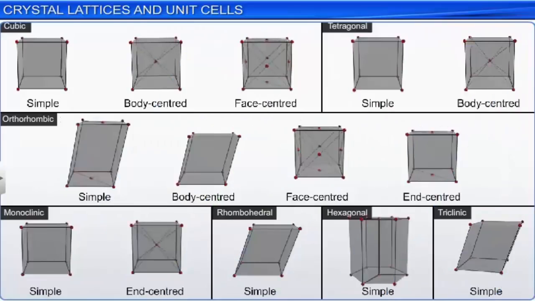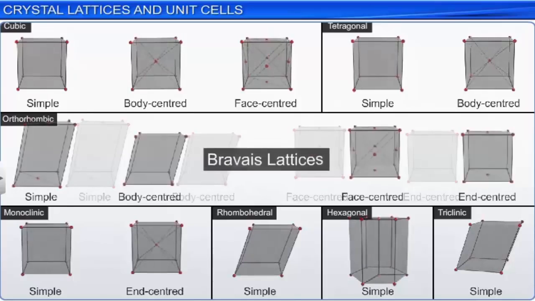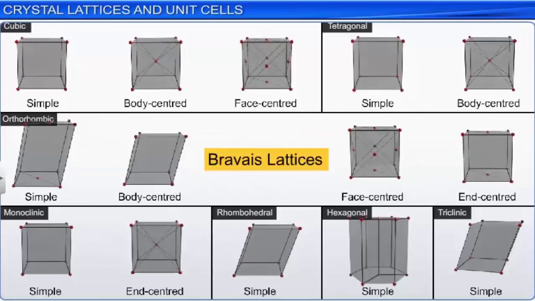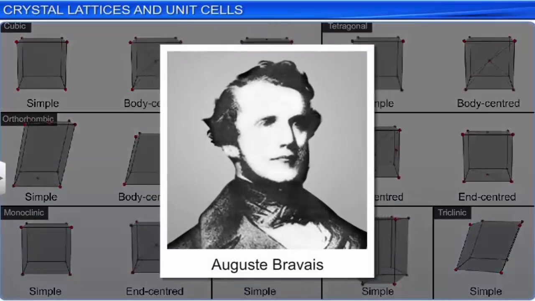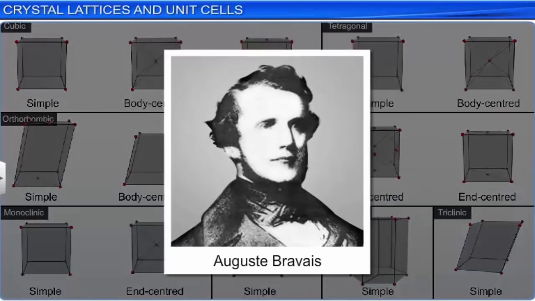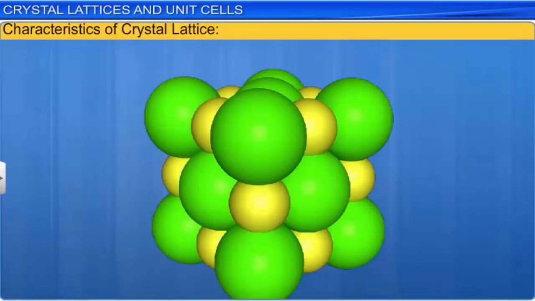There are only 14 possible three-dimensional lattices and are called Bravais lattices, after Auguste Bravais, a French mathematician who first described them. Now let's look at the characteristics of a crystal lattice.